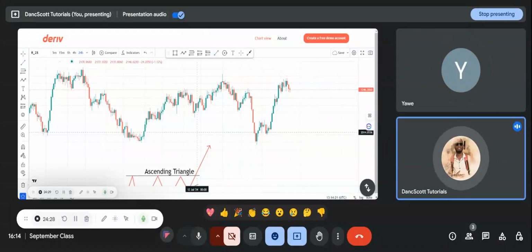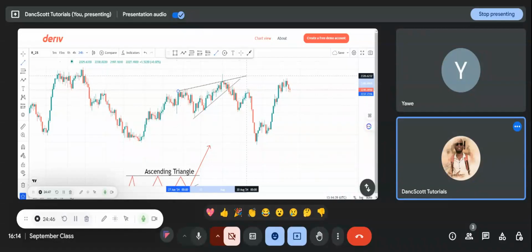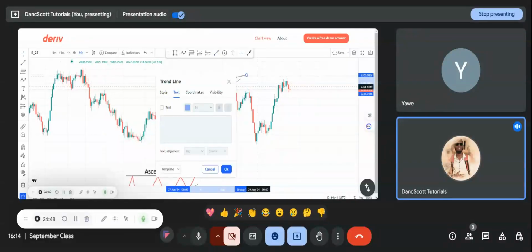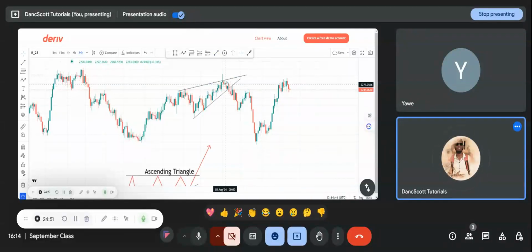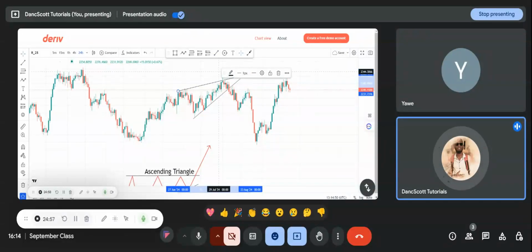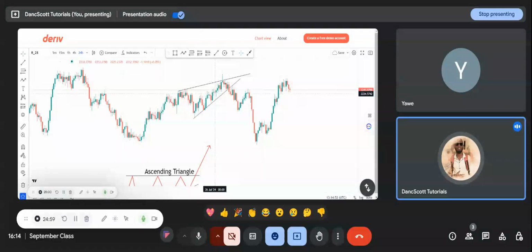So we are looking for a rising wedge. The reason I've used those is because of that last candle there. That's why I've not gone for the wick up there.